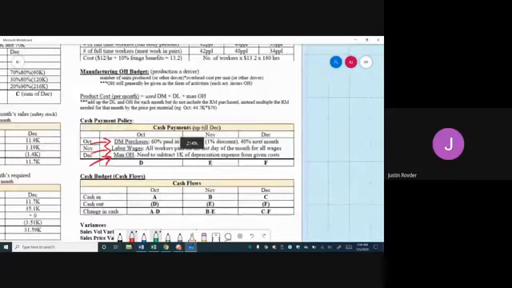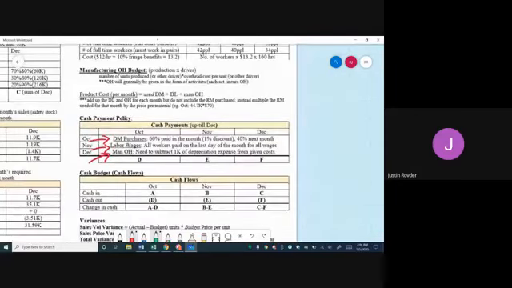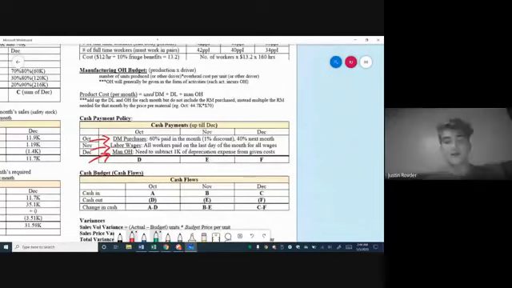And you're kind of going to do the same thing as for cash collections, except with these costs. So for DM purchases, you're paying 60% in the month with a 1% discount. So that's 60% times 99% times the purchases in that first month, and then 40% the month after. So you're going to do the same thing as you did in the cash collections, except with these costs.